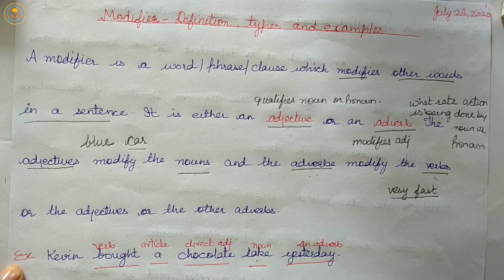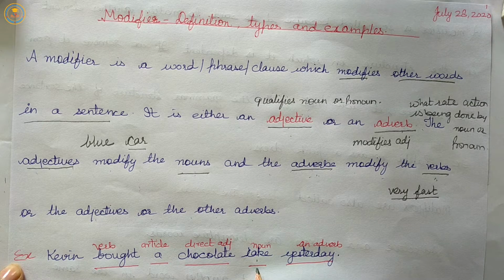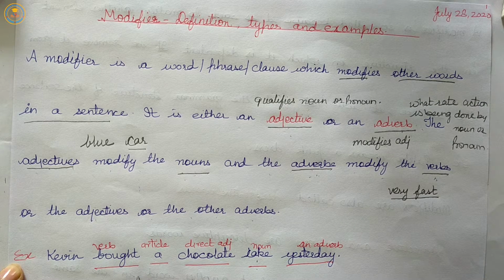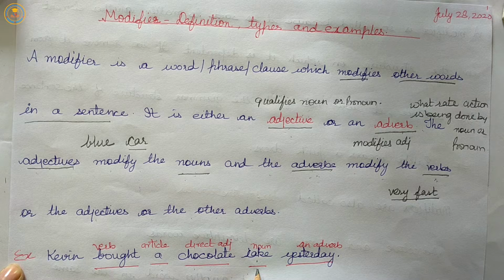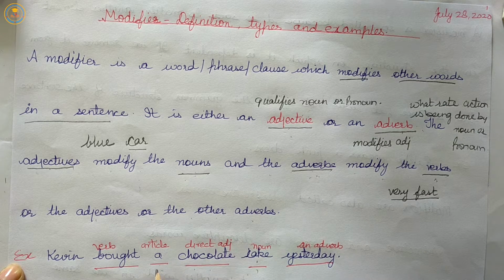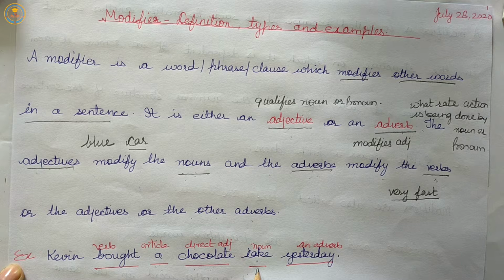Here, a is an article which modifies the word cake, and the word chocolate is the direct adjective of the word cake. A chocolate cake. So both the words a and chocolate are adjectives which modify the noun cake.